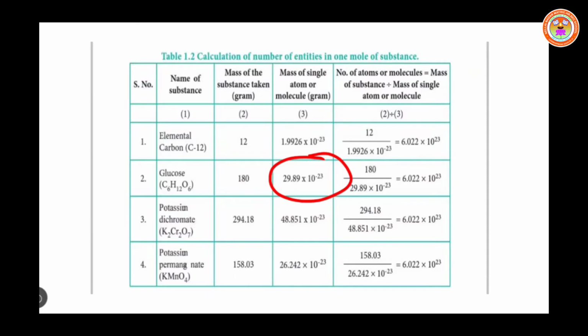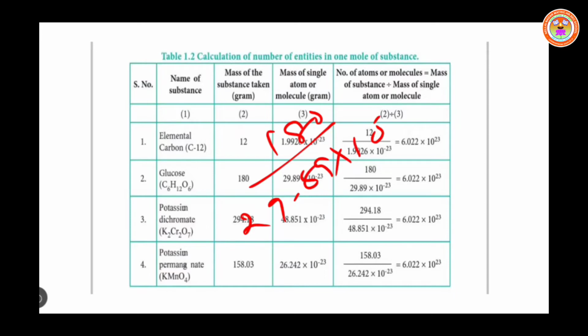Next, we can calculate the number of molecules. Number of molecules is equal to mass of substance divided by mass of a single molecule. Here the mass of substance taken is 180 gram, and the mass of a single molecule is 29.89 into 10 to the power minus 23.